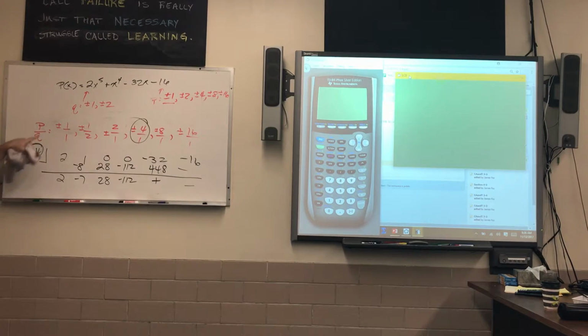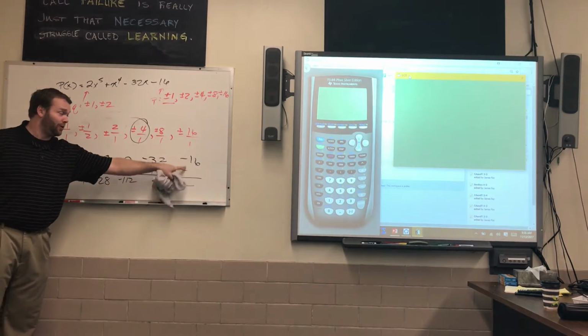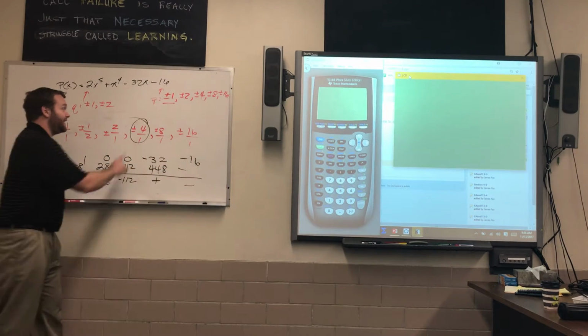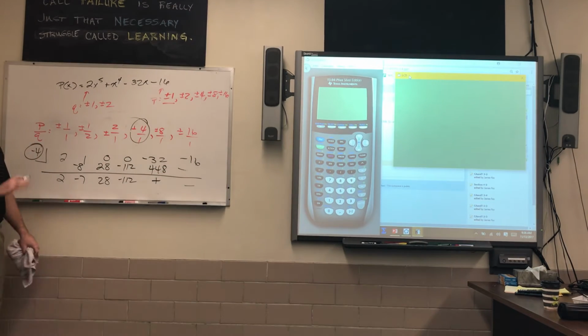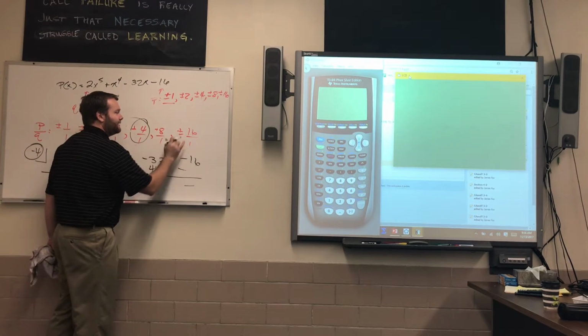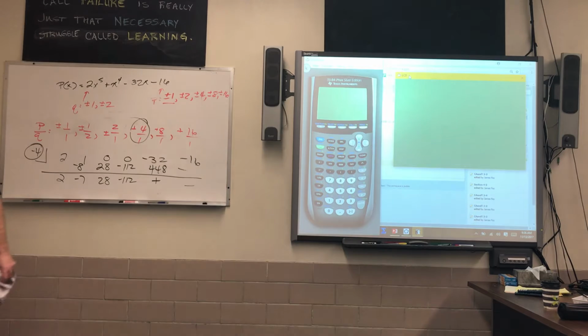So what's that do for us? If -4 is a lower bound, 4 is not a 0, right? Those two numbers are not going to add up to give me 0. So it says -4 is not a 0, so you can cancel that out. It's not a root. But it also tells you -8 and -16 are not roots as well. And you can cancel them out. And it just made your list a little bit thinner, right?